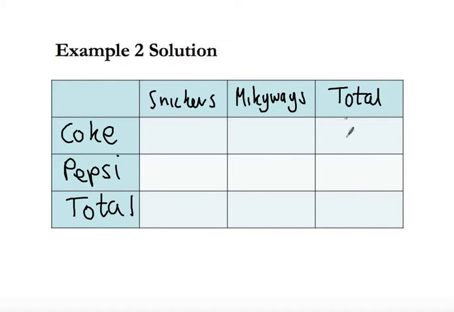Now, what I know is the total number of students is 50, so that's going to go in this bottom left corner, because that's going to be the total of the number of people who like Coke and Pepsi, and the total of the number of people who like Snickers and Milky Ways. Okay. Now, other information that we were given in this question was that 31 people liked Coke, so just 31 people in total like Coke.